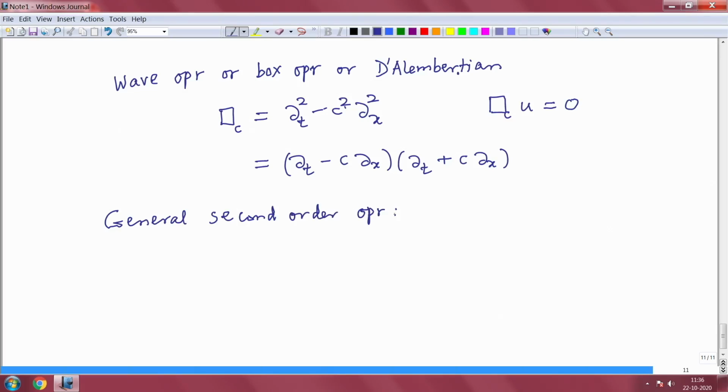Namely, instead of plus c minus c, now I consider c1 del x, where we take c1 not equal to c2.